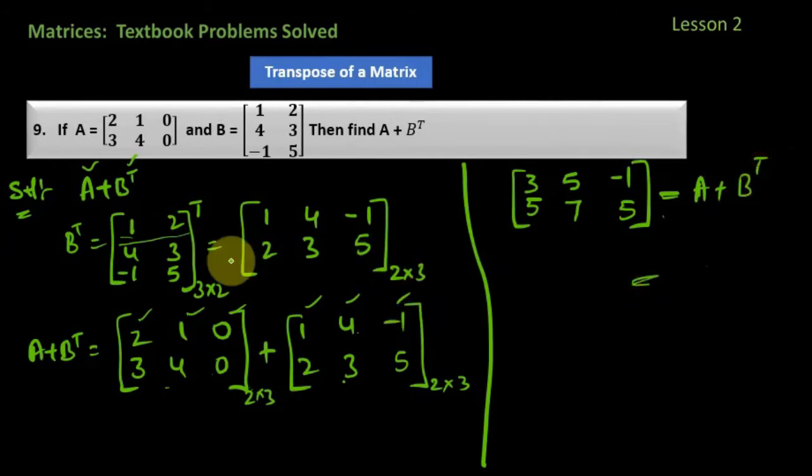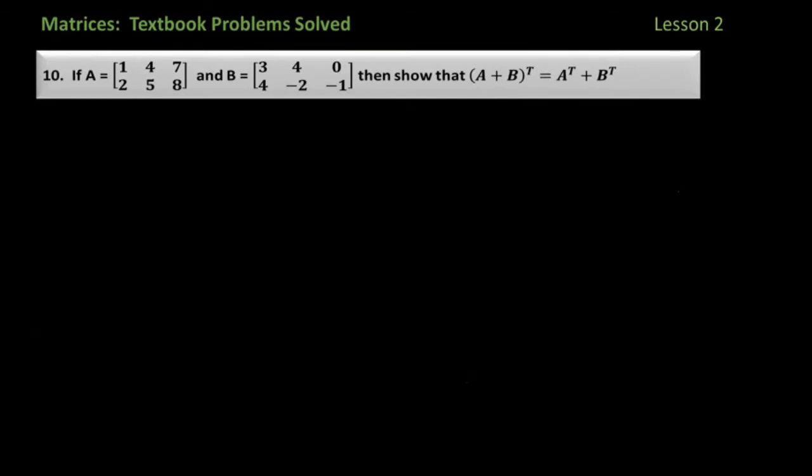We'll do the next problem based on this transpose itself. Okay, so if you read this problem number 10, here he gave two matrices A and B, then he is asking us to show that A plus B whole transpose is equal to A transpose plus B transpose.